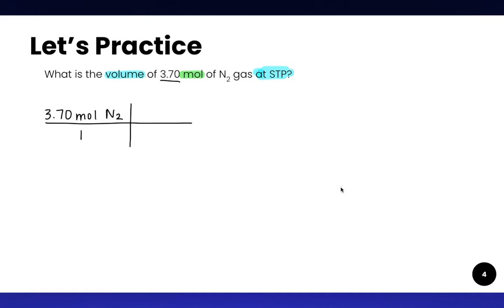So 1 is going to go on the bottom so that those units cancel. And then there will be 22.4 liters on the top. When you multiply these two values together, you get 82.88. Because moles cancel out, we're left with the unit of liters.